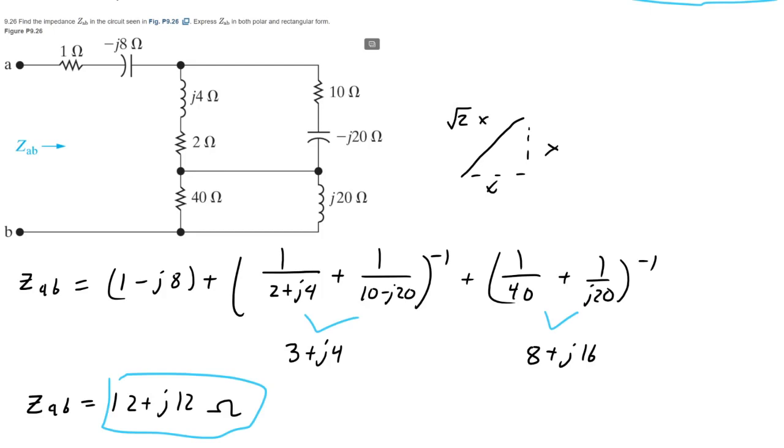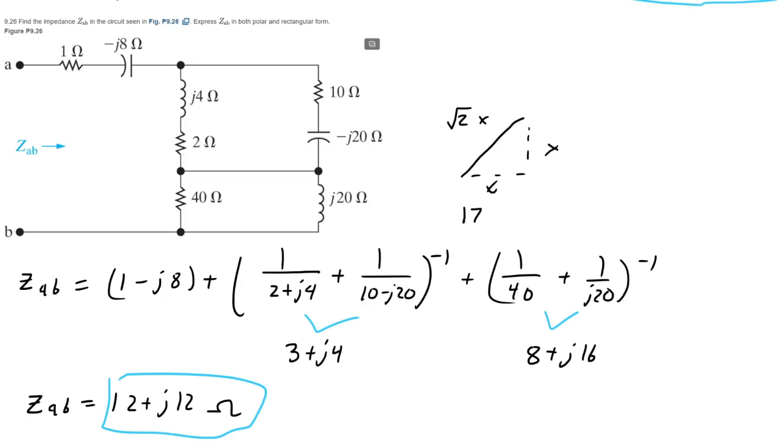So 12 root 2, 12 times the square root of 2, it's like 16, 17. So we'll say that the magnitude is 17 and the angle is going to be 45 degrees.